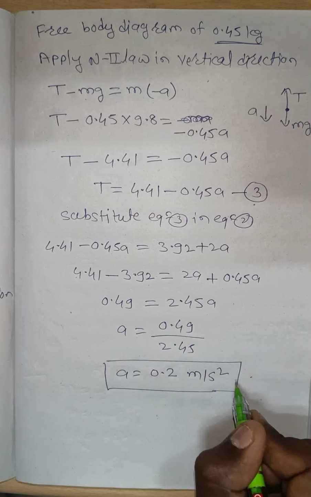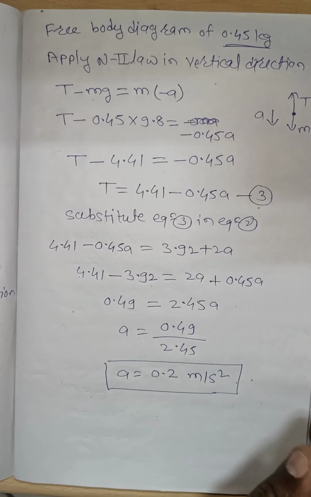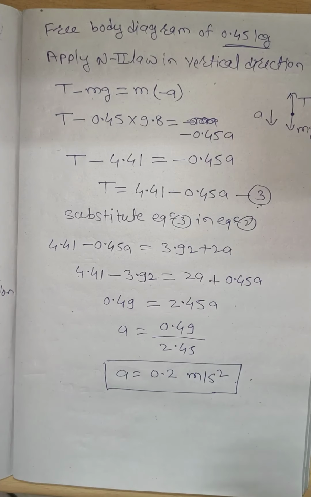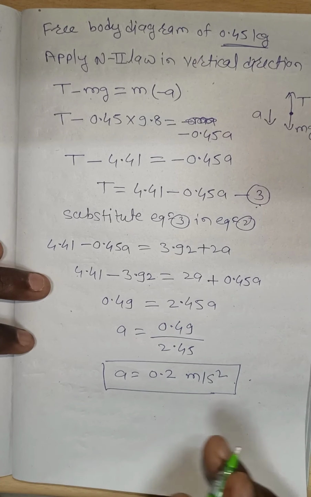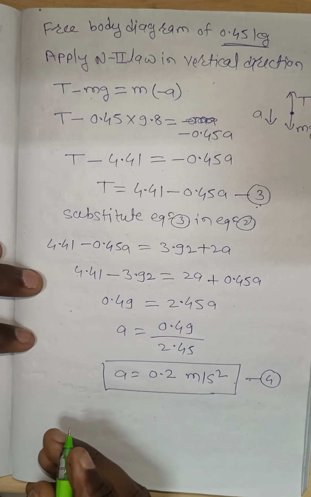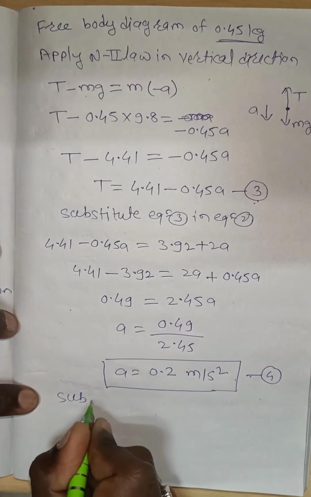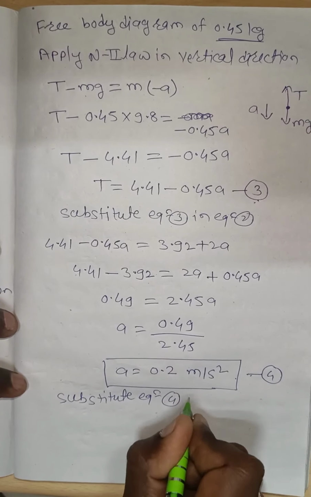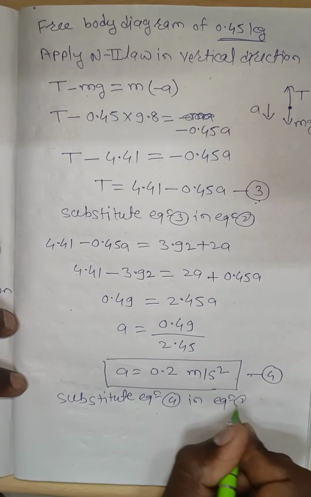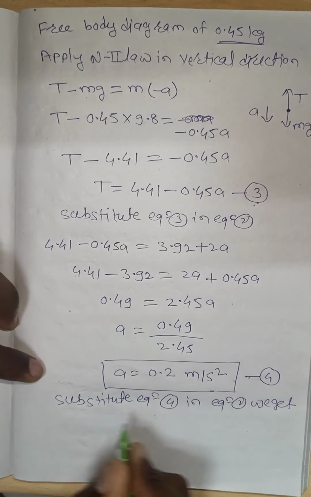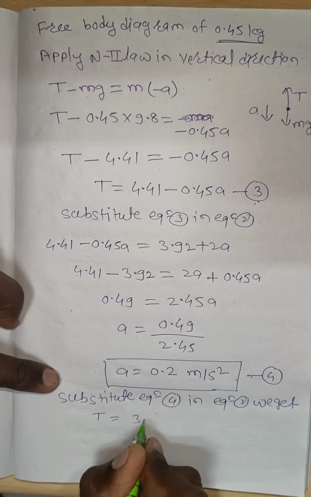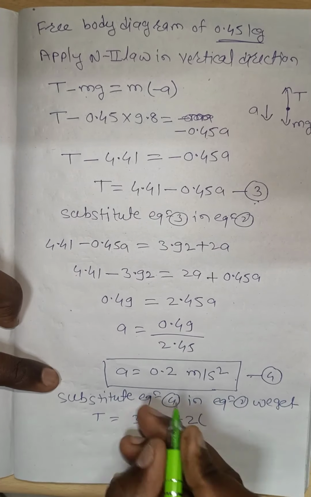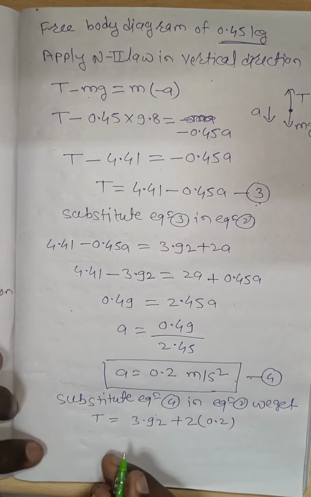Now substitute this value in any equation. Either you put it in equation 3 or in equation 2. Now we treat this as equation 4. Substitute equation 4 in equation 2. We get T is equal to 3.92 plus 2a. In place of a we put 0.2.